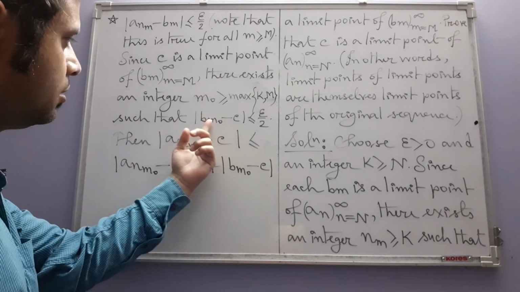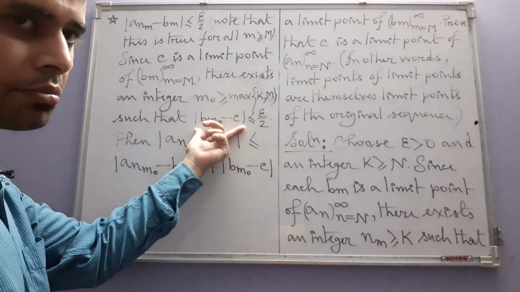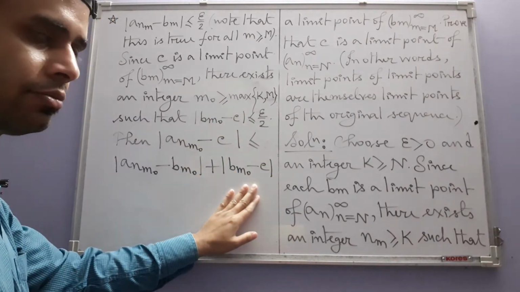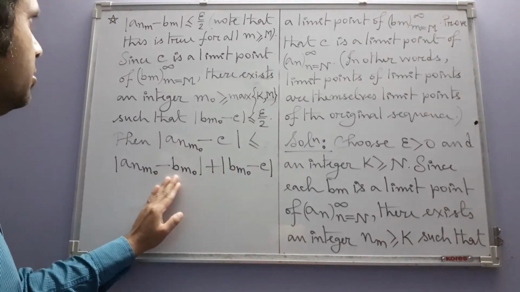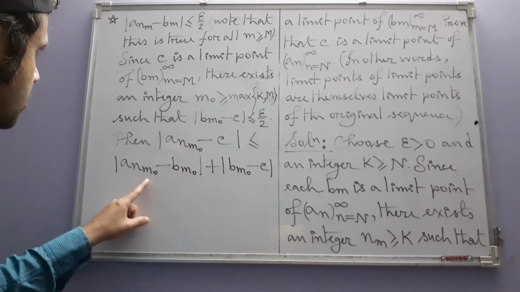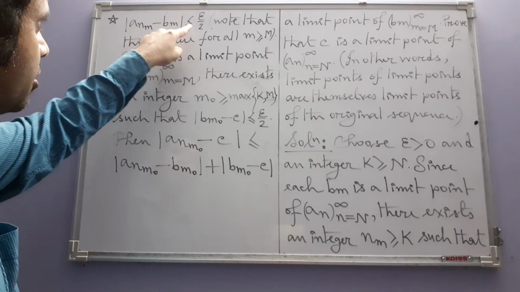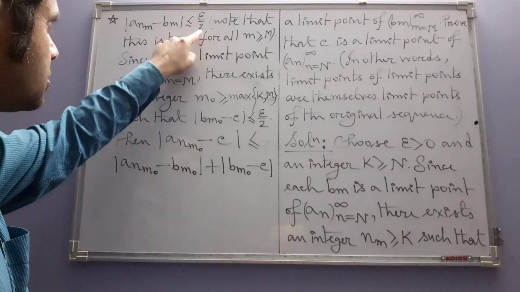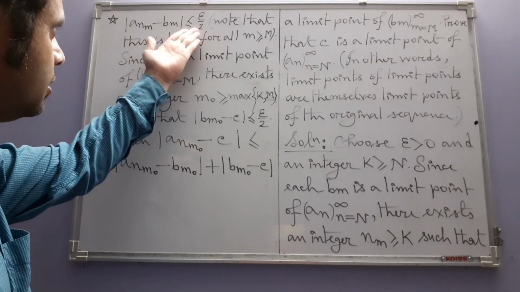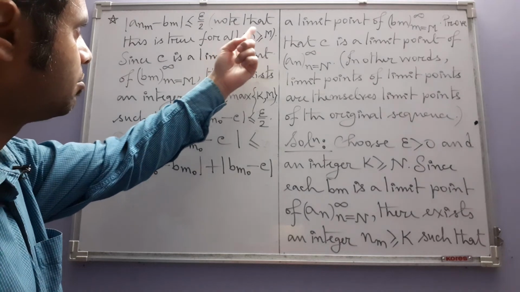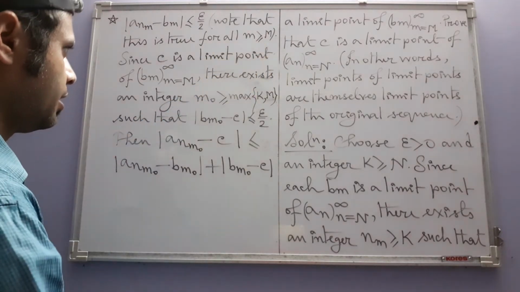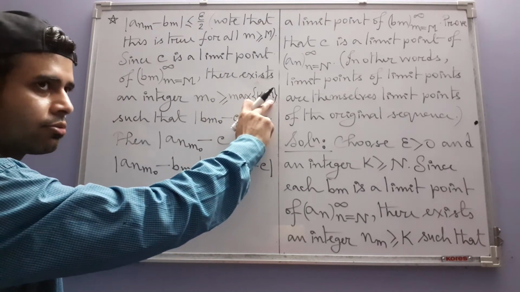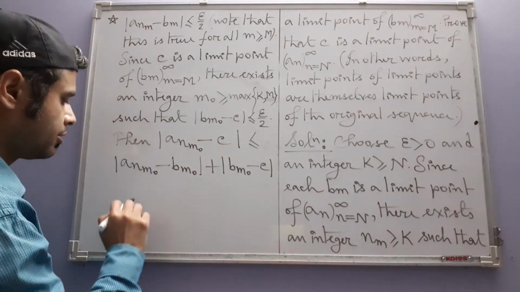This is a fixed real number, right? Here nothing is changing actually. This is less than or equal to epsilon by 2, that we know. But what about this? The question is, can we take m equal to m naught here? We in fact can, because whatever we have written here is true for all m greater than or equal to capital M, and our m naught is greater than or equal to capital M, and is also greater than or equal to k.